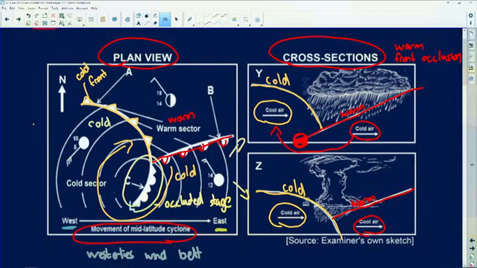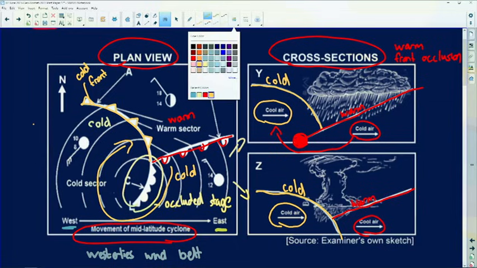Now, just use this as an example. When you jump into a swimming pool, where's the water the coldest? At the bottom of the swimming pool, right? So in this case, once again, going back to my diagram, the air in front of the warm front is colder than the air behind the cold front. So the warm front attaches itself to the surface.